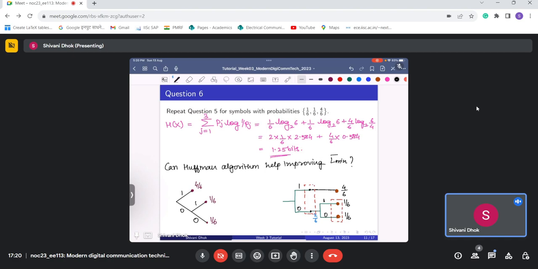So what we have here is C1, C2, C3. Now this C1 is simply a 2-bit code, 0 0. Similarly, this C2 is 0 1, and this C3 is simply 1.